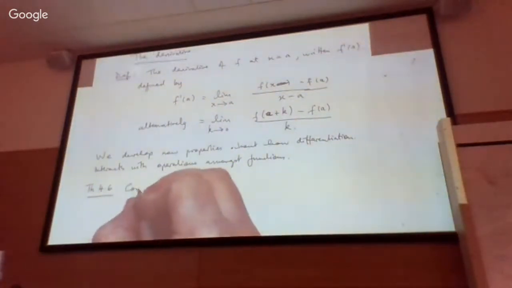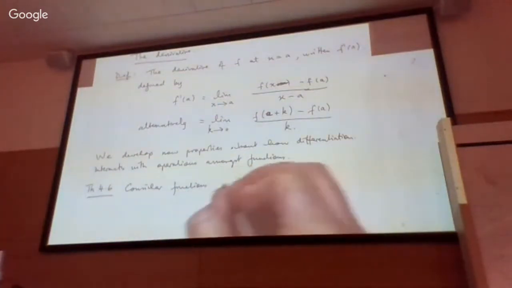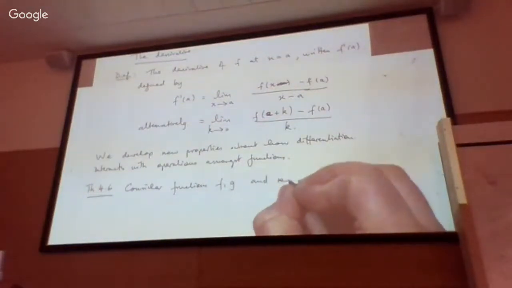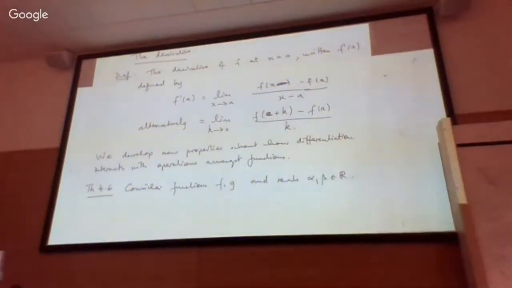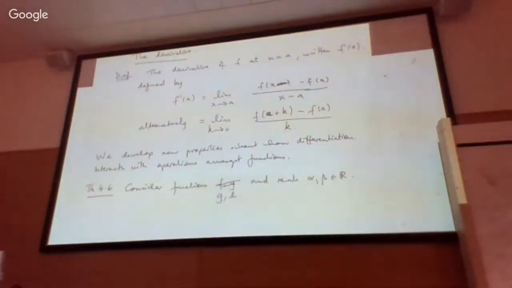Well, if you consider a pair of functions, f and g, and reals alpha and beta, sorry, let me call them g and h just to match the notation I've got for printing notes.